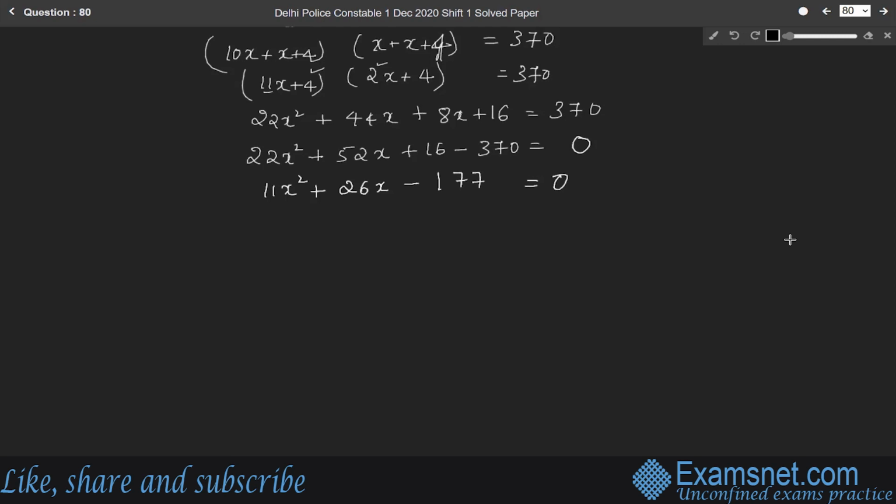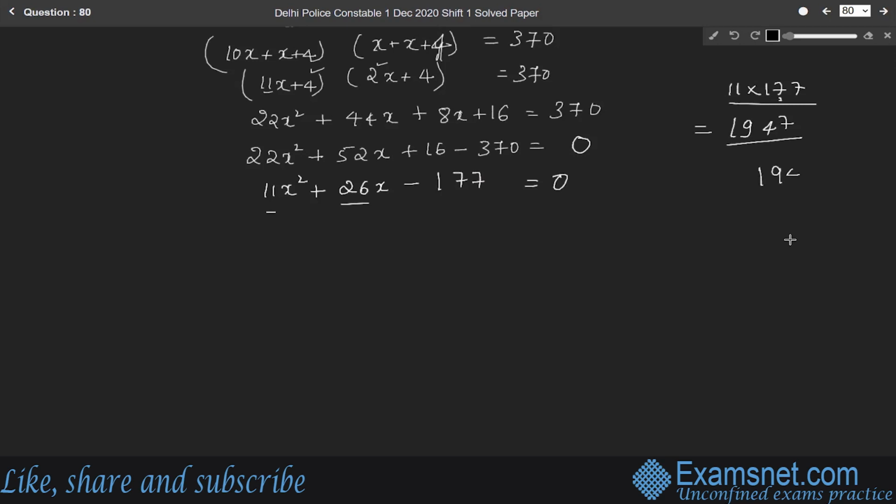Let us solve this equation by splitting the middle term, so that we can find the value of x here. So 11 into 177, 1947 is the product. So we have to find the factors of 1947.